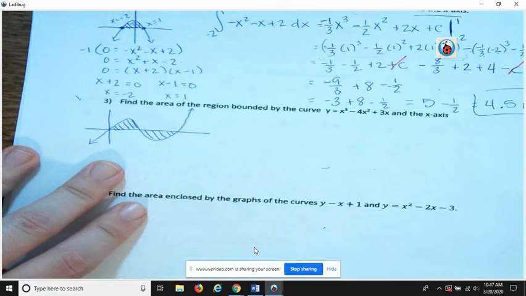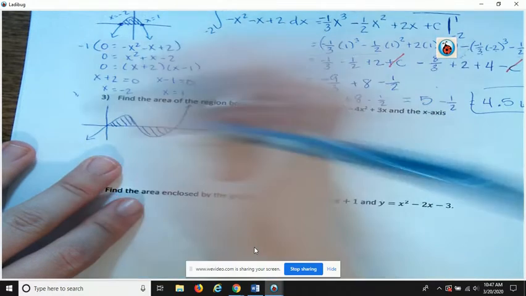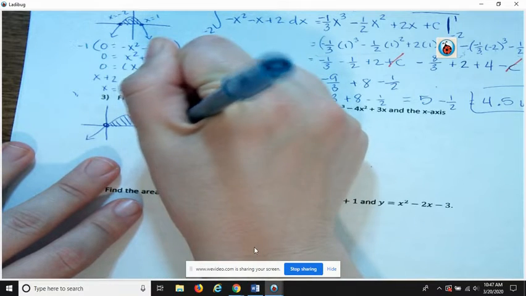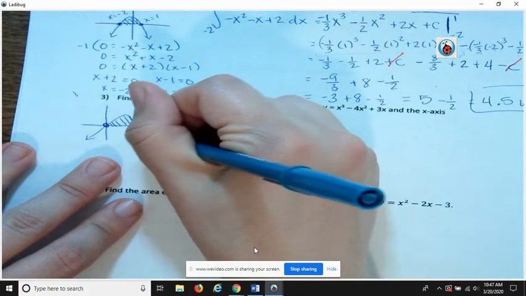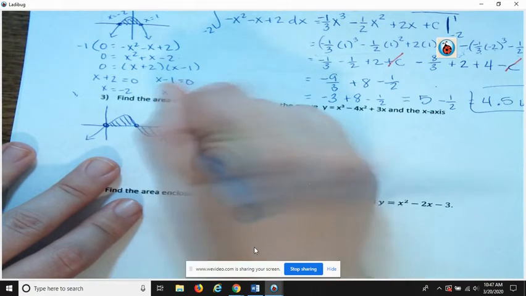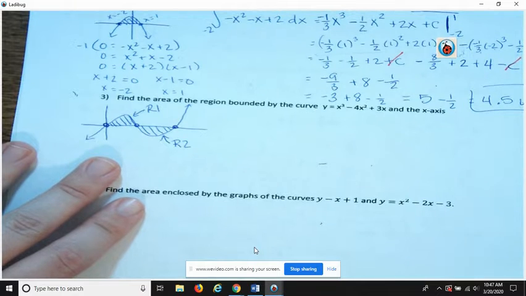Okay, 2 different regions. So now if you notice, we have 1, 2, 3 places where we cross the x-axis. If you'll remember, this is going to be negative right here. Okay, we're going to call this our region 2. We're going to call this our region 1. Okay, R standing for region. And we're going to split our integral into 2 pieces.